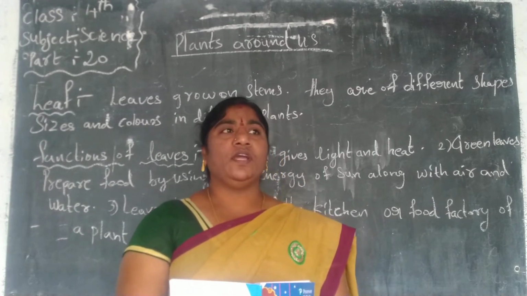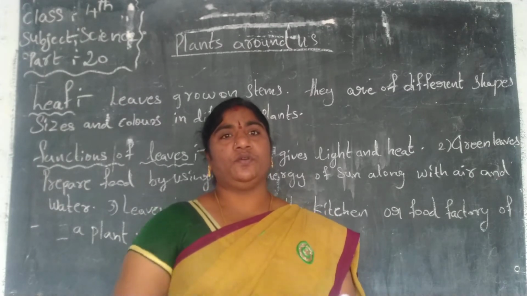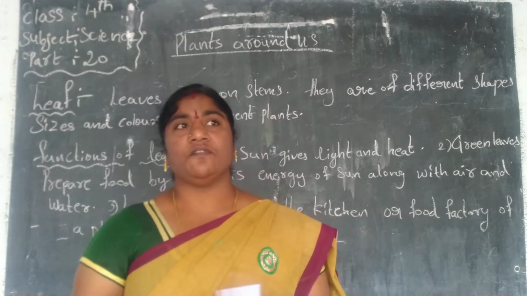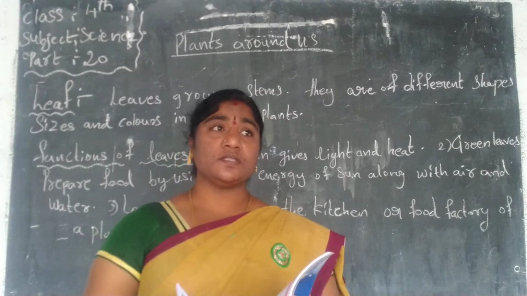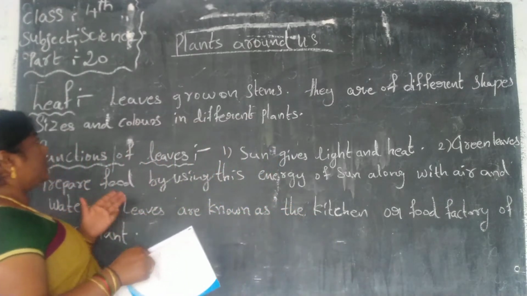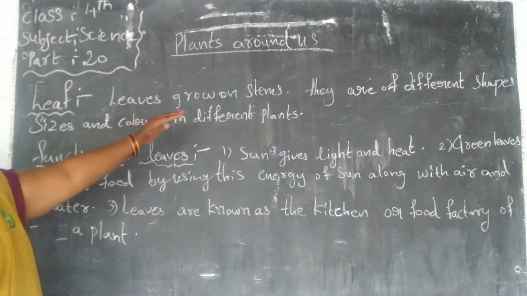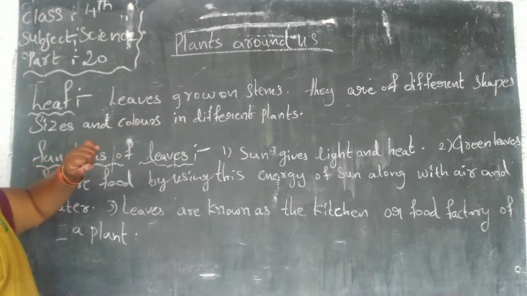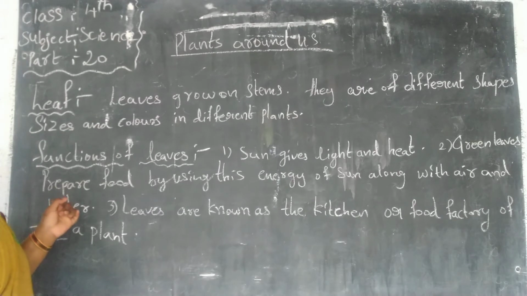Yes. In the last session we learned about the different shapes of leaves. In this session we will learn about the leaf. What is a leaf? Leaves grow on stems. They are of different shapes, sizes and colors in different plants.